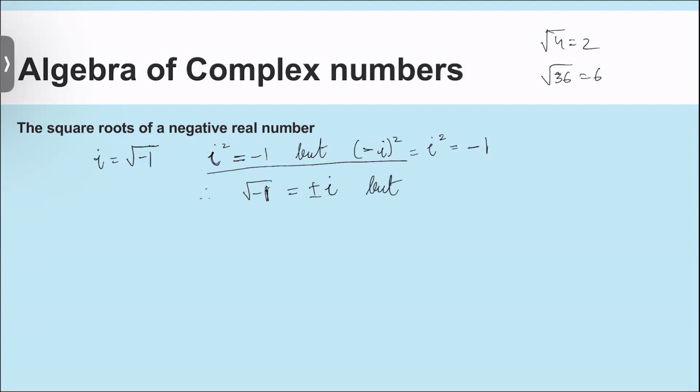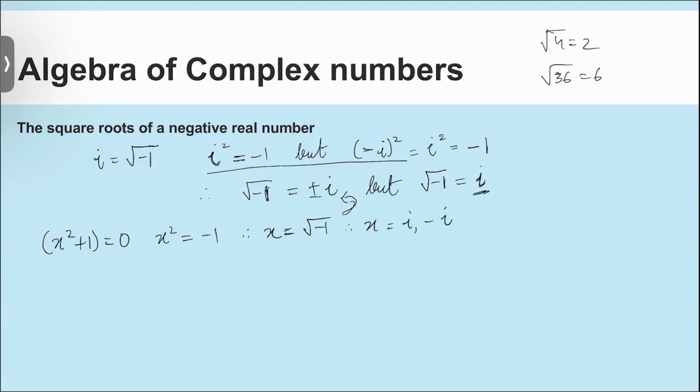But when we are considering the square root of minus 1, we keep it in the form of i alone. We don't consider minus i. Previously we had also solved the equation x square plus 1 is equal to 0, where x square is equal to minus 1, therefore x would be root of minus 1, and if you take this as the correlation, then x is equal to i and minus i.